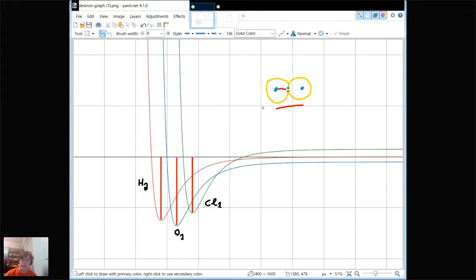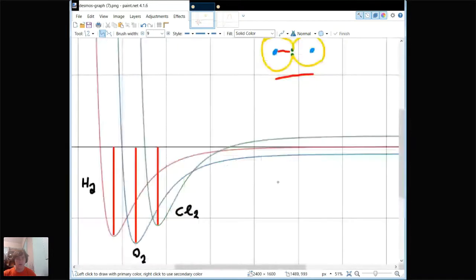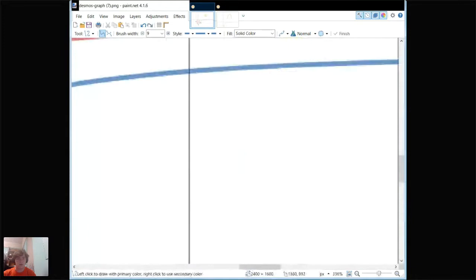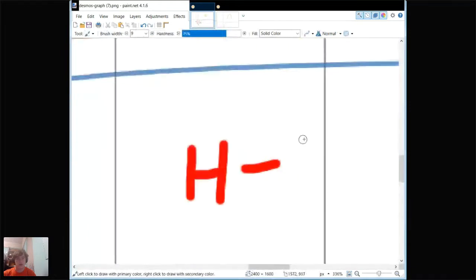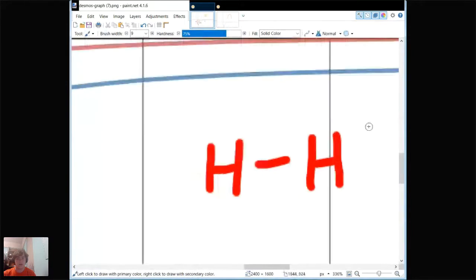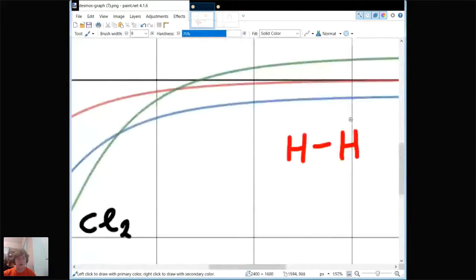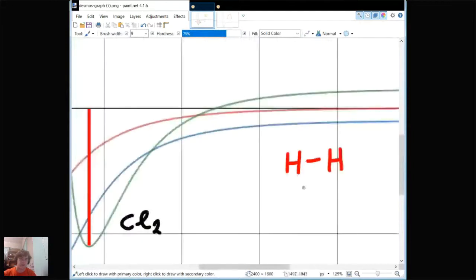Yeah. So when we're drawing the Lewis structure for hydrogen, this is just simply that, right? Does that make sense? I'm going to leave out the electrons just because they're not really important in this case. But that's the Lewis structure for hydrogen.